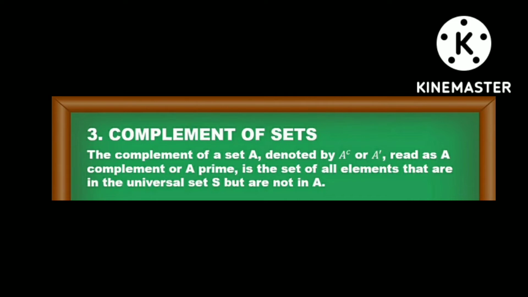The complement of a set A, denoted by A^c or A', read as A complement or A prime, is the set of all elements that are in the universal set S but are not in A.